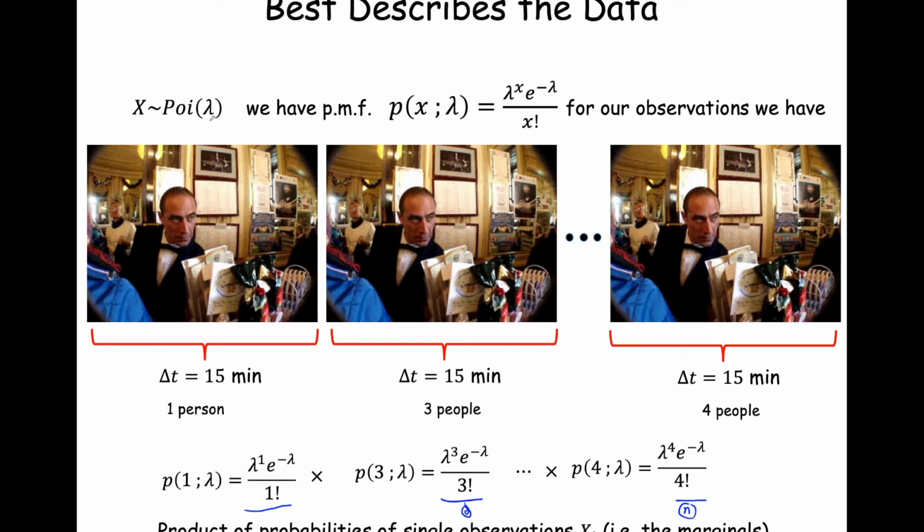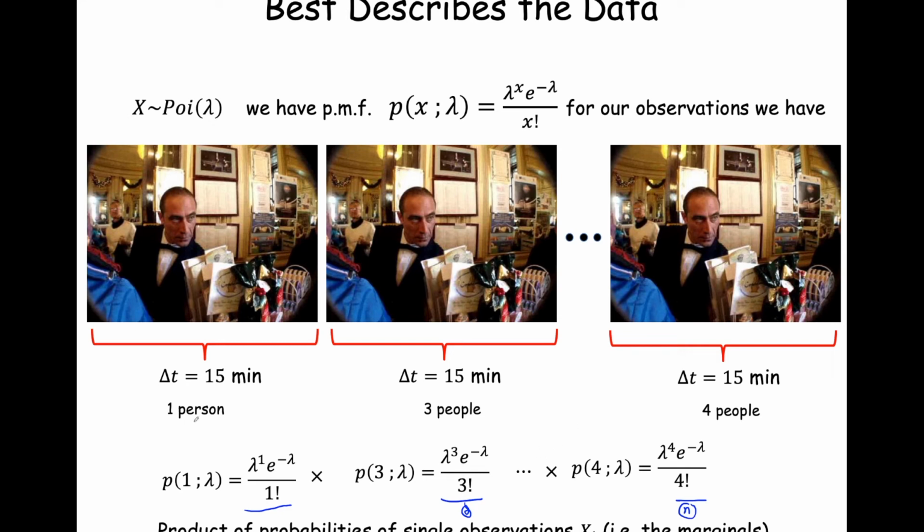Okay, and so this idea of best describes the data means that the version of the Poisson, or the setting of the lambda associated with a Poisson, that best describes the data is that lambda that maximizes the value of the product of each one of these marginals. Okay?